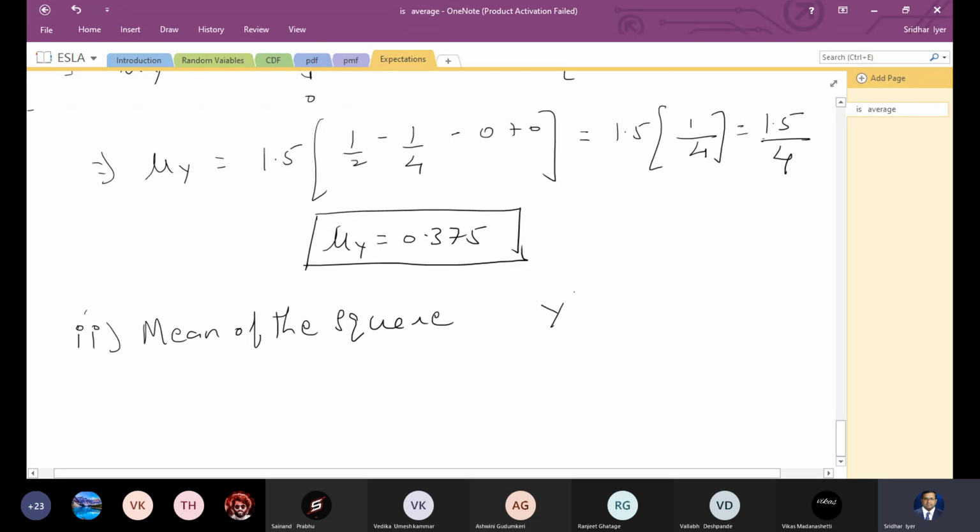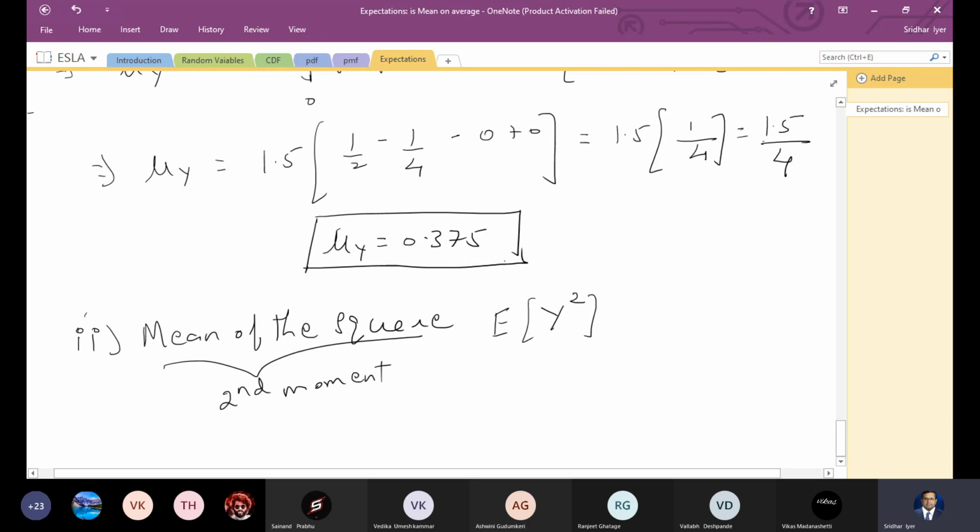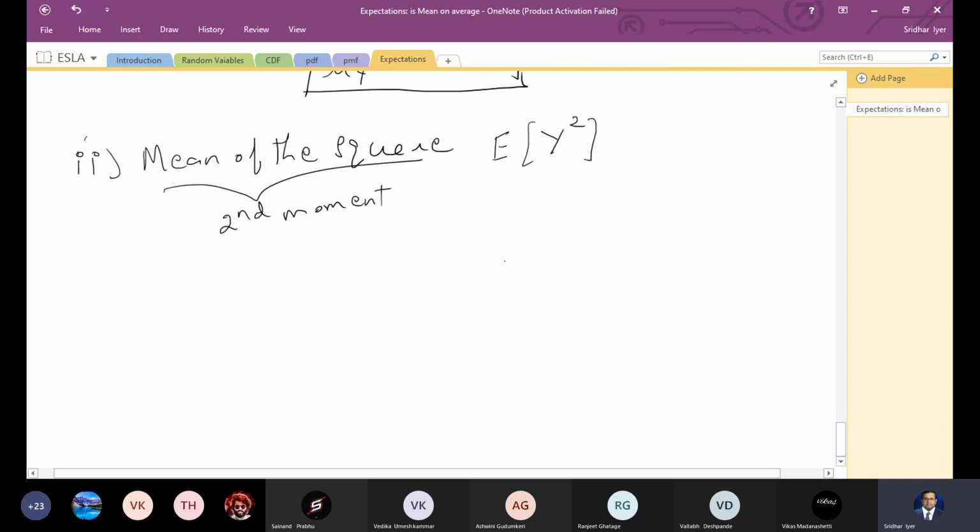So let me first square the random variable. And how do you find the mean? You find the mean by just finding the expectation, right? So this mean of the square basically implies the second moment. All you have to do is find E of y square. How do you define E of y square? It is just an extension of E of y.